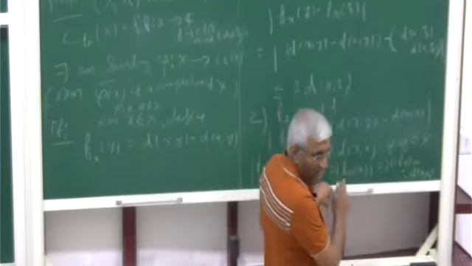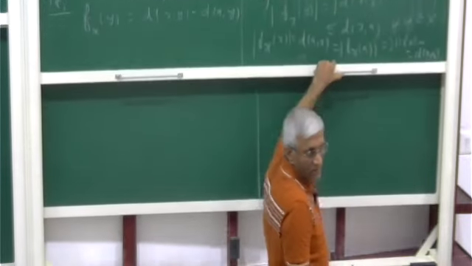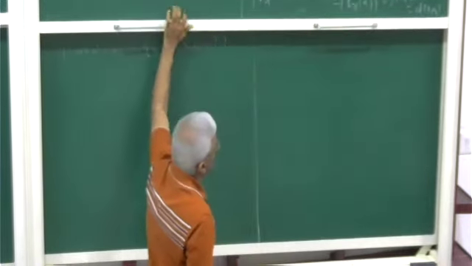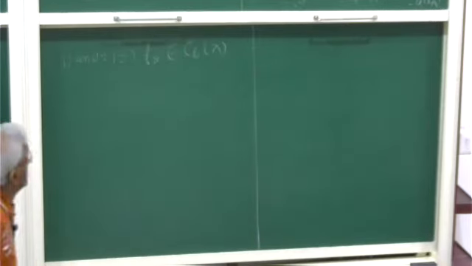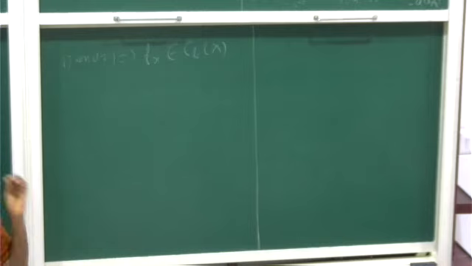So the supremum is less than that, and the supremum is equal to that. So 1 and 2 imply that for each x, f_x is a continuous function and it's also a bounded function.